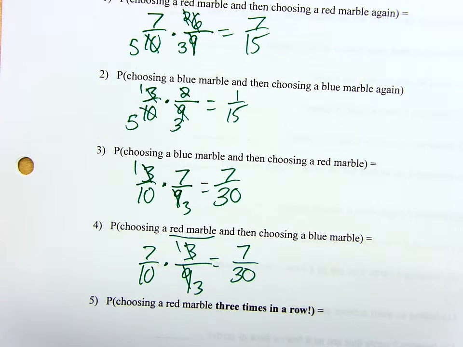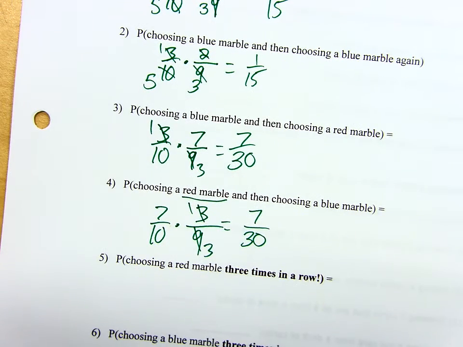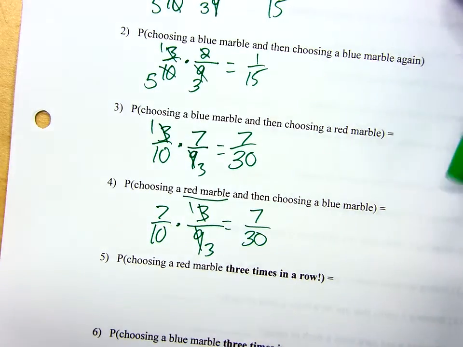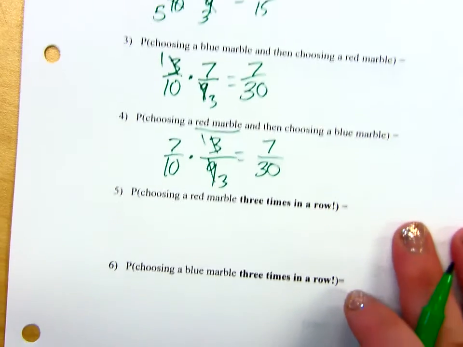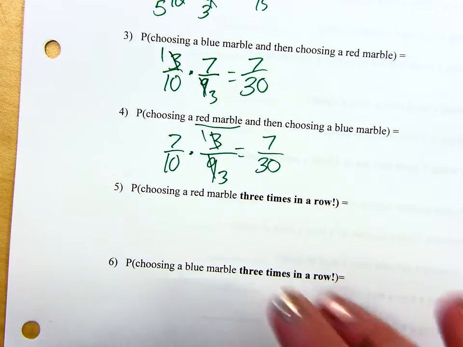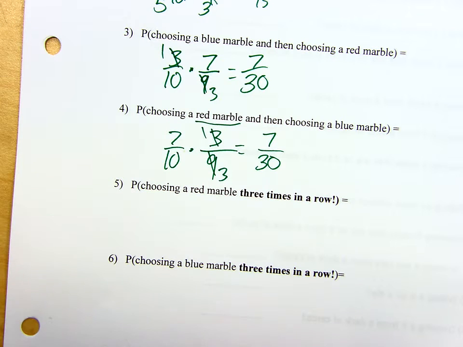All right. Now, let's try a red marble 3 times in a row. Go ahead and try number 5 before we talk about it together.